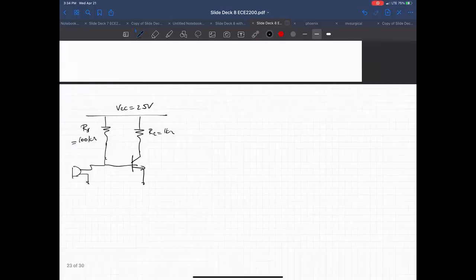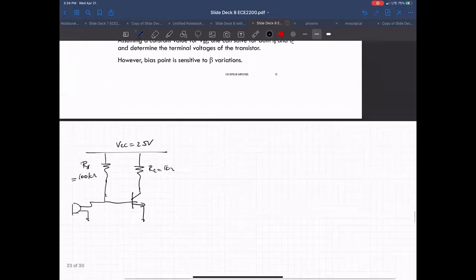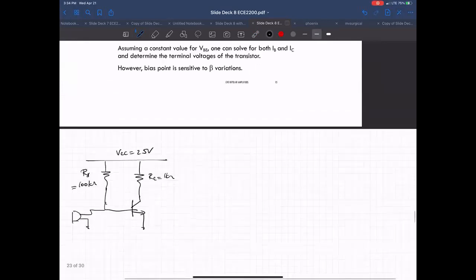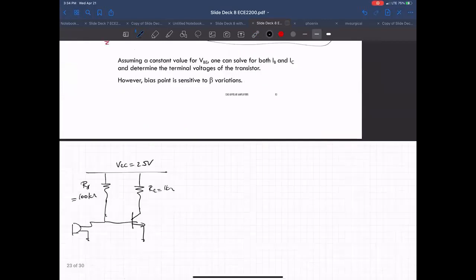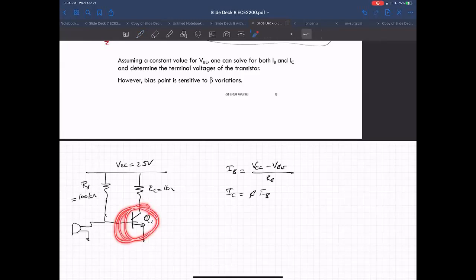So again, just repeating these equations. I sub B is VCC minus VBE over R sub B, and I sub C is beta times I sub B. And then finally, we need to also check the collector emitter voltage across this bipolar transistor to make sure it stays in forward active mode.